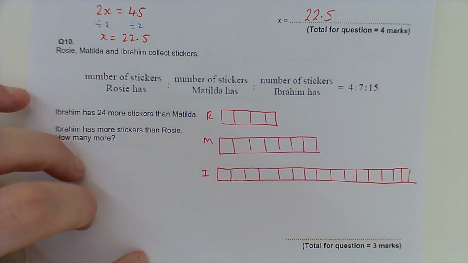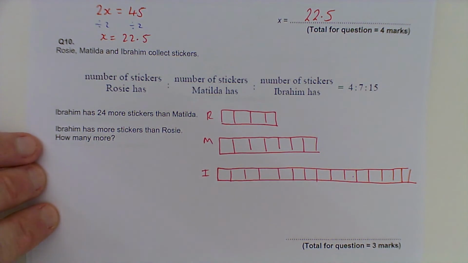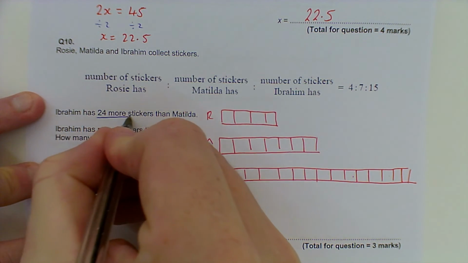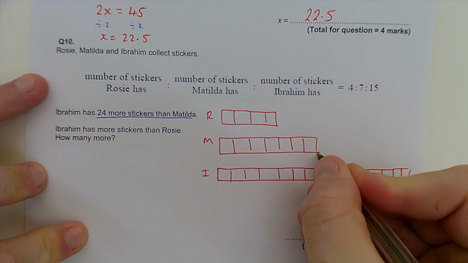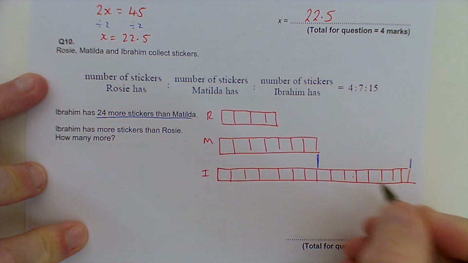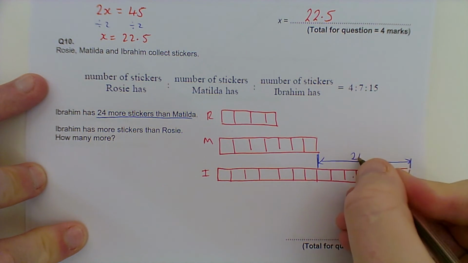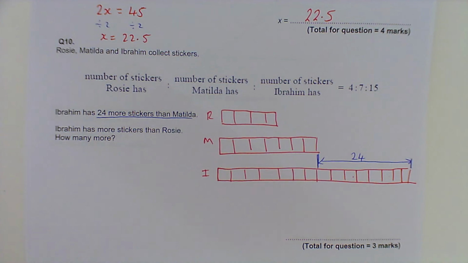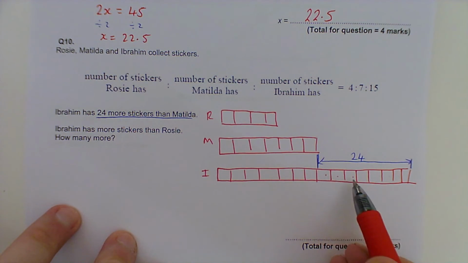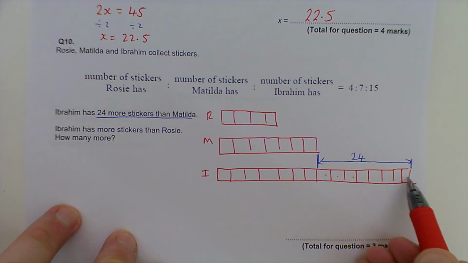Okay, what do I know from this? Ibrahim has 24 more stickers than Matilda. So this section here, from here to here, is worth 24. How many boxes have I got? 1, 2, 3, 4, 5, 6, 7, 8.